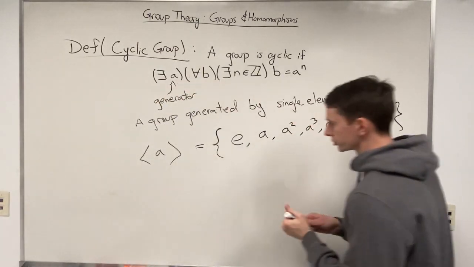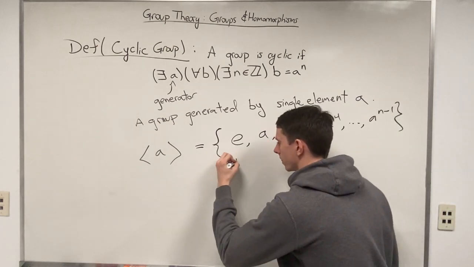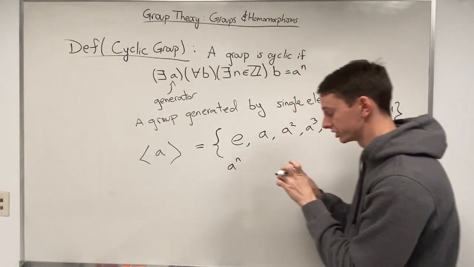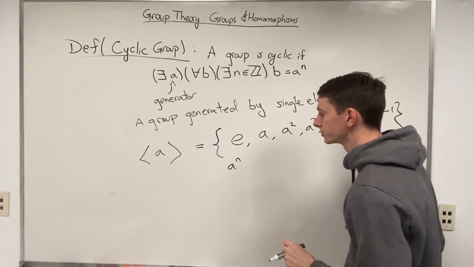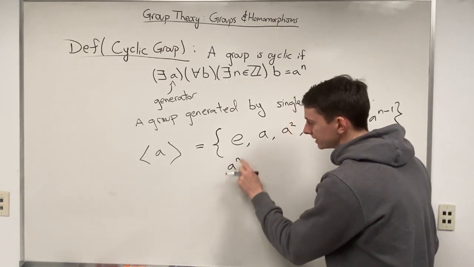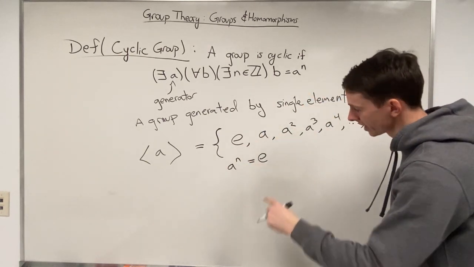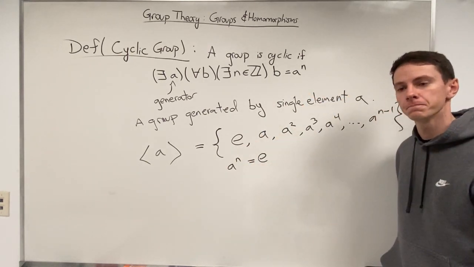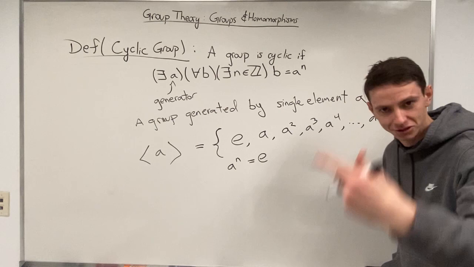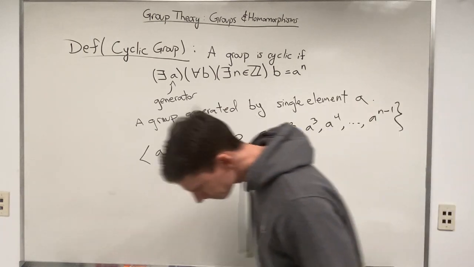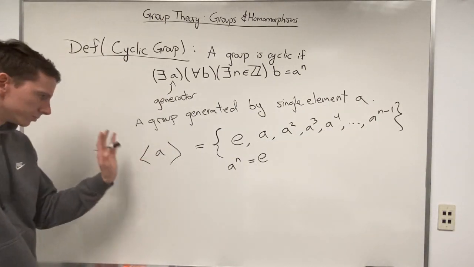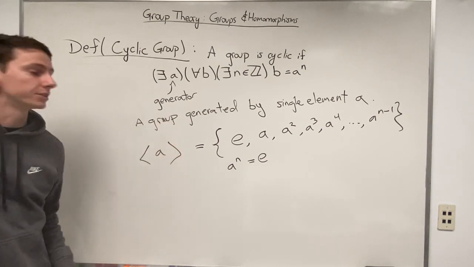So a cyclic group with n elements, I should say, for finite cyclic groups, is going to have the property that A to the n loops, or cycles, back around to the identity element. Okay, and hence the phrase cyclic. So this is how we can denote a cyclic group.